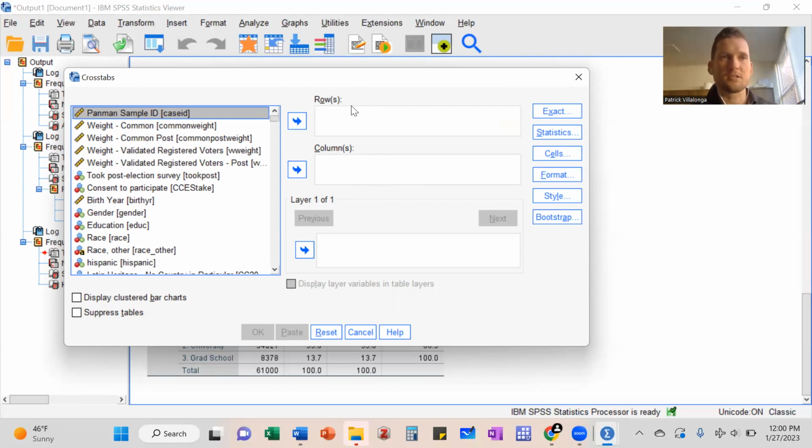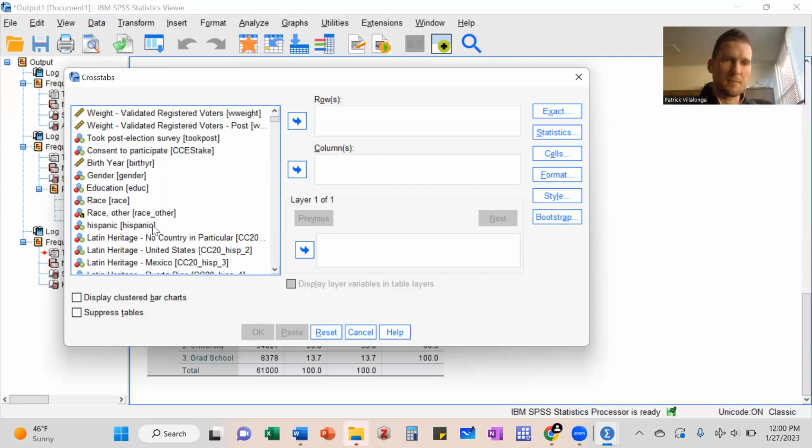In the case of education and abortion, we would probably theorize that as people become more educated, they're going to prefer more abortion rights. Notice the education is causing a change of attitude toward abortion. So we are going to put our education variable here in column.